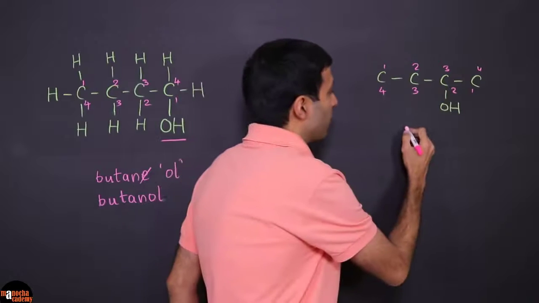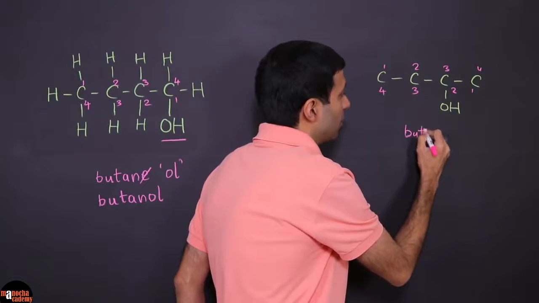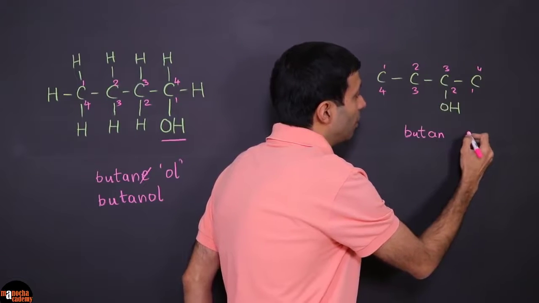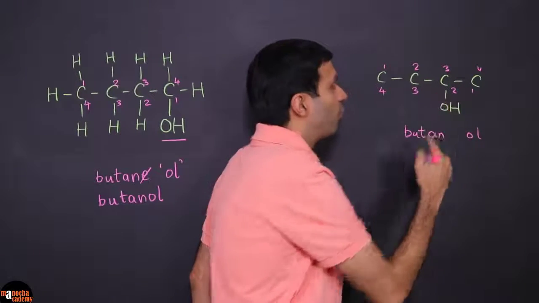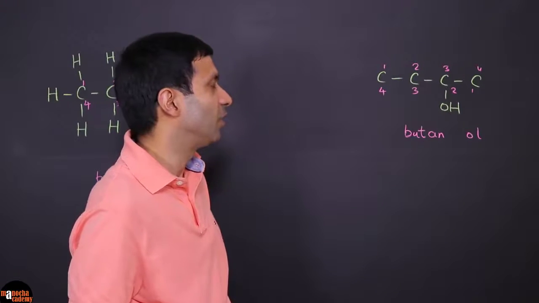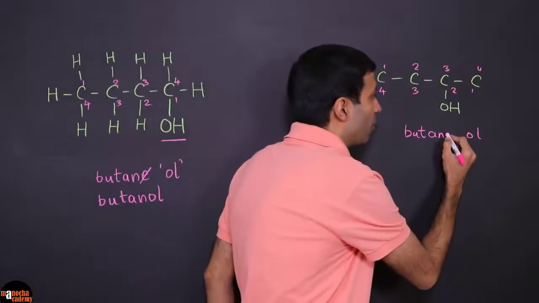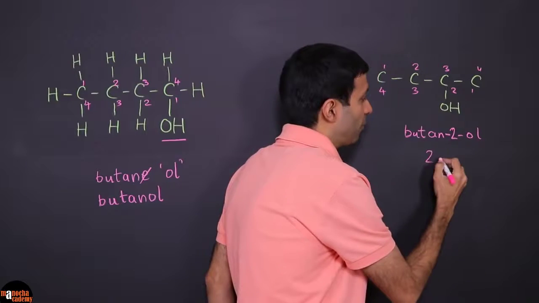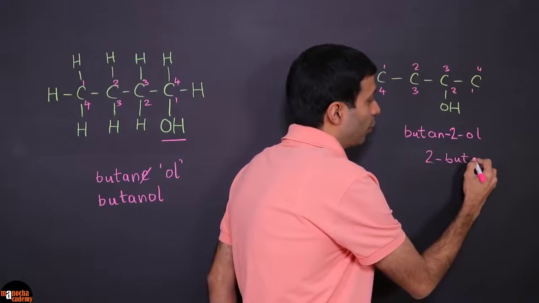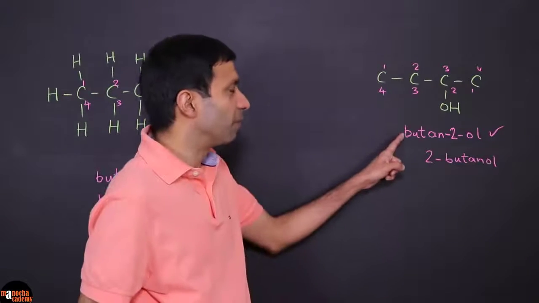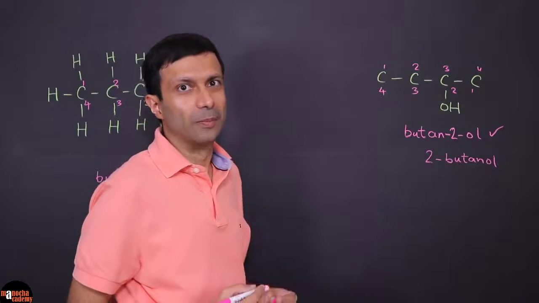So this will start with but, and the name would have been butanol, but the position of OH is on 2, because we'll not take 3, that's the larger number. So it's basically butan-2-ol, or sometimes you might find it written as 2-butanol, but usually this is the preferred way of numbering it, butan-2-ol.